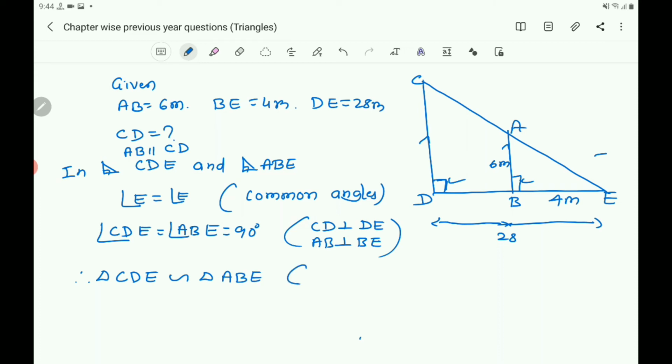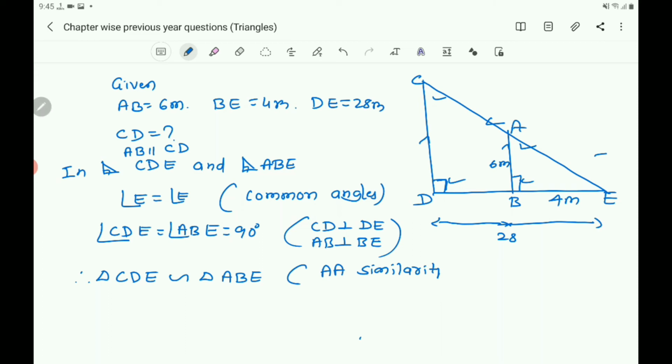Which criteria here? AA similarity criteria, and also you can take AAA similarity criteria. Taking these two angles, they are corresponding angles made by the transversal of the parallel lines, or also you can take them as the remaining angles of the triangles.